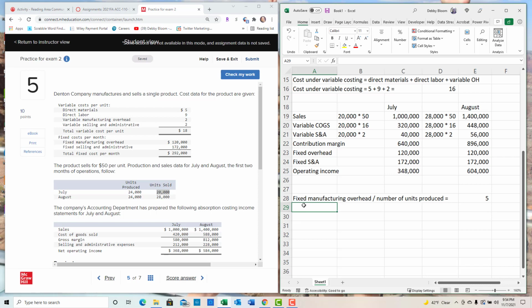So if I take the fixed manufacturing overhead per unit and multiply it by the number of units added to or subtracted from overhead, what that is going to actually equal is the difference between variable and absorption costing income.